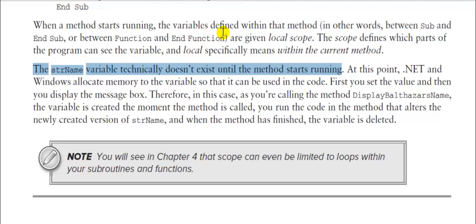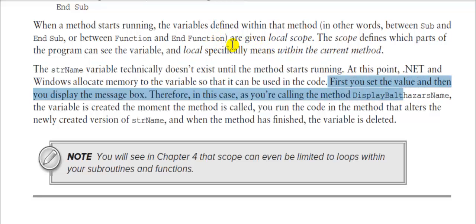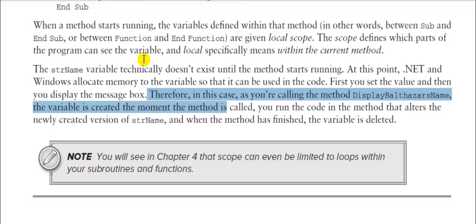At this point, .NET and Windows allocate memory to the variable so that it can be used in the code. First you set the value, and then you display the message box. So we first set the value, and then we displayed it. Therefore, in this case, as you're calling the method display Balthasar's name, the variable is created the moment the method is called.